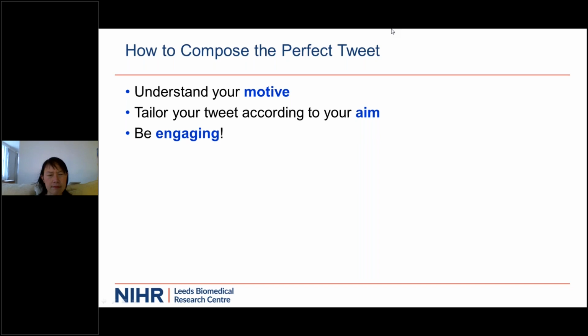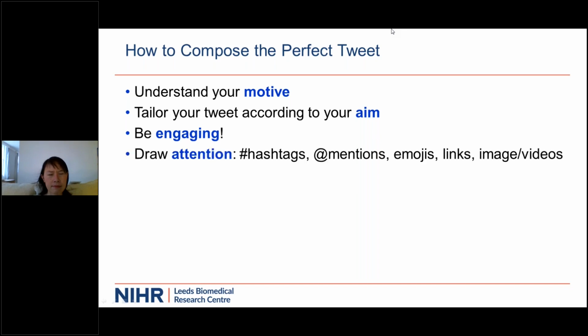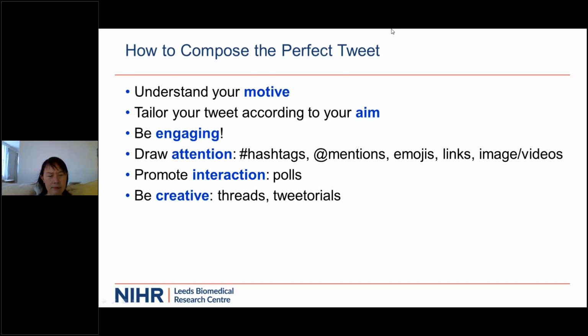Be as engaging as you can, and this can be achieved by drawing attention to your tweet using some of the functions I have mentioned, which includes using hashtags, add mentions, emojis, insert some links, as well as including images or videos to your tweet. Aim to promote as much interaction as you can, for example, using polls. Be creative, using the reply function to create threads and tweetorials.